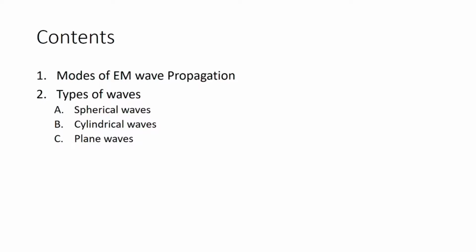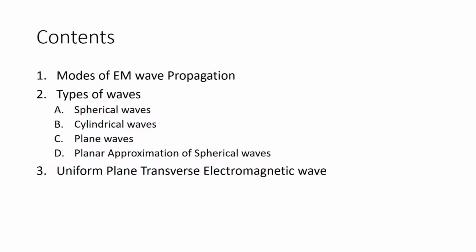Once I discuss these three different waves, then I would say how a spherical wave can be approximated to be a plane wave. And after the discussion on these types of waves, I would discuss a special class of electromagnetic wave called as uniform plane transverse electromagnetic wave.